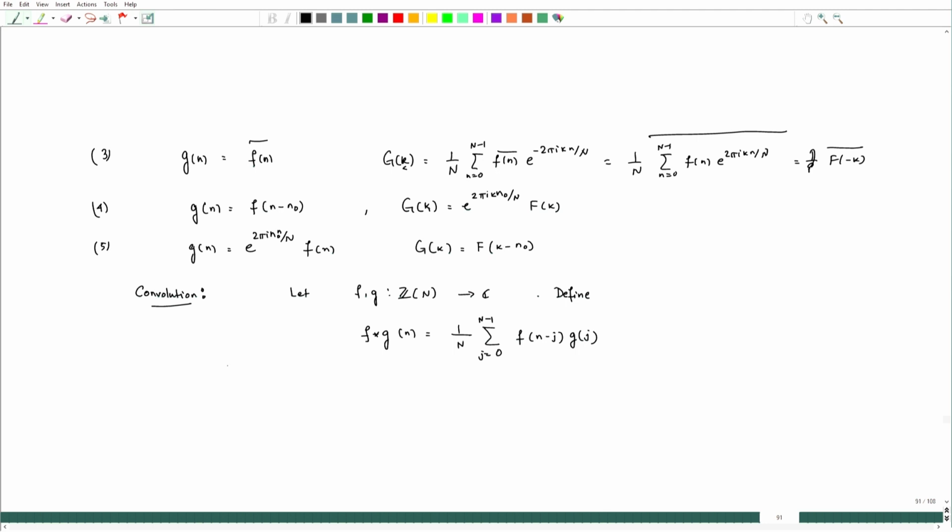So, define g of n equal to 1 if n is equal to 0, and 0 otherwise. That is again delta 0.